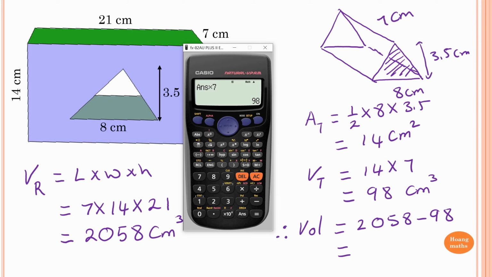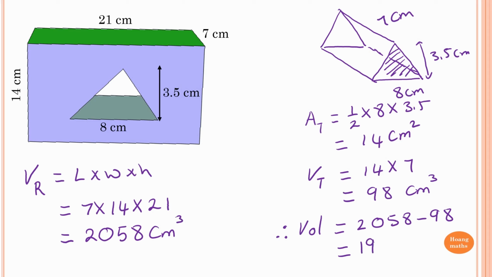Noting that 98 is my last answer, I don't have to delete it. I just go 2058 minus answer. That is 1960. 1960 cubic centimeters.